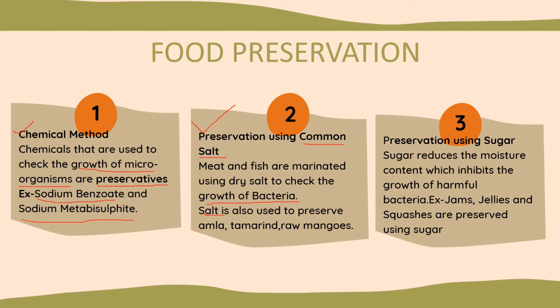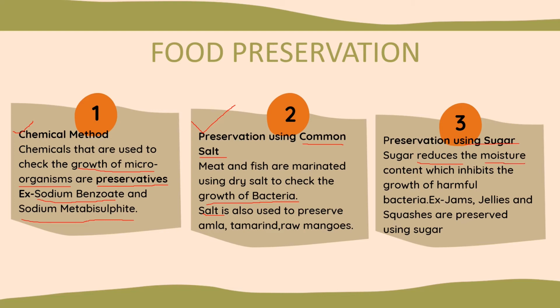Another commonly used method of preserving food at home, and also in industries, is using sugar. How does sugar preserve food? It actually reduces the moisture content.